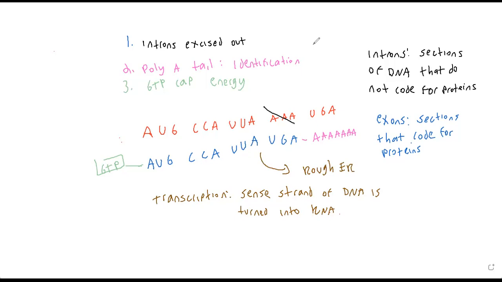All right, so A, U, G, C, C, A, U, U, A, U, G, A. All right, great. What's going to happen now is that this sequence is going to leave the nucleus. I should note that this is all happening in the nucleus. It's going to leave the nucleus and it is going straight to the rough ER.